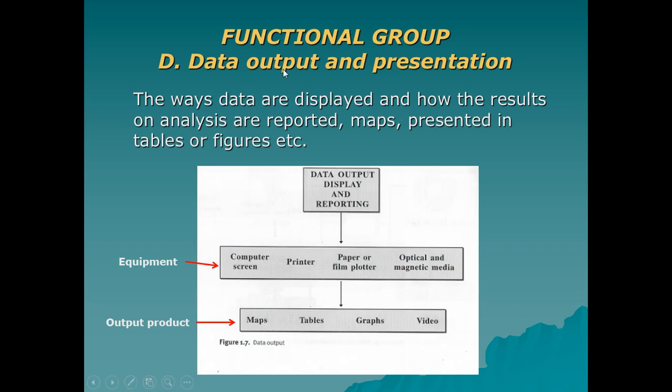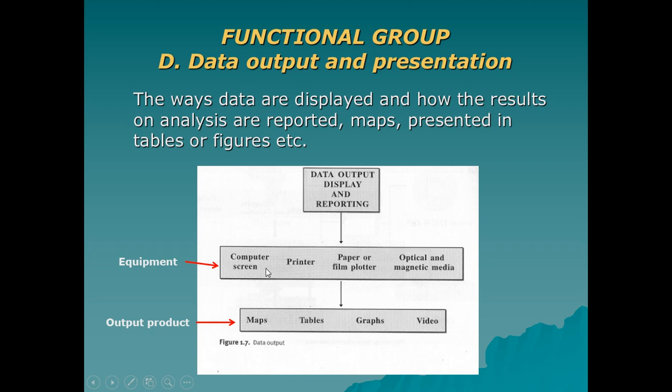And then we have output and presentation. This is the way the data is displayed and how the results of analysis are reported: maps and results presented in tables or figures. These are the types of output you can have for presentation. What are some of the devices or equipment that can be used to produce that output?